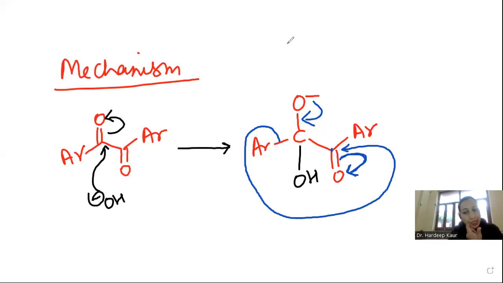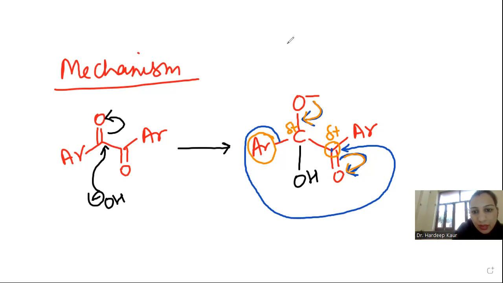Let me tell you again what is going on. When this bond shifts, there is a build-up of positive charge here. To compensate it, there occurs the migration of the aryl group. This migration results in positive charge on this carbon, so to compensate it, this negative charge shifts towards here, leading to the formation of a double bond.